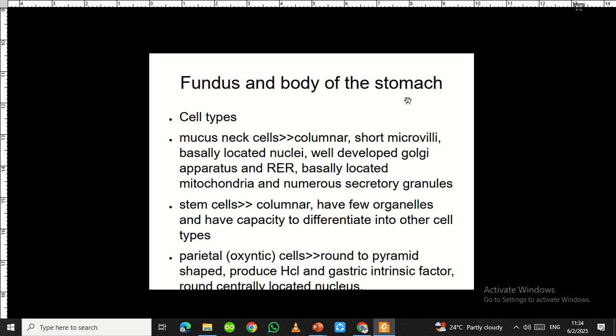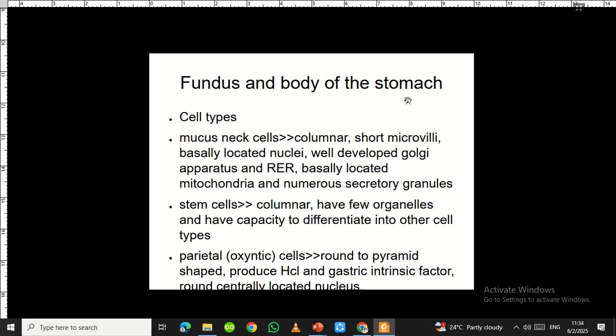These are round to pyramidal shaped. The parietal cells are responsible for the production of hydrochloric acid and the gastric intrinsic factor. And it is the gastric intrinsic factor that is very important for vitamin B12 absorption, right?